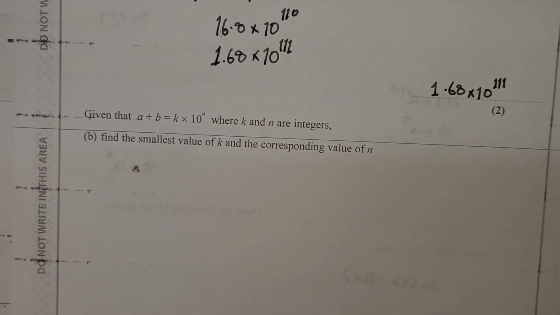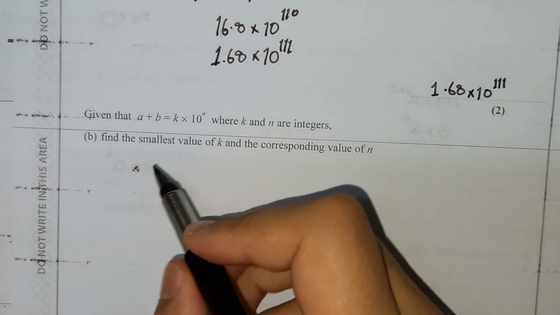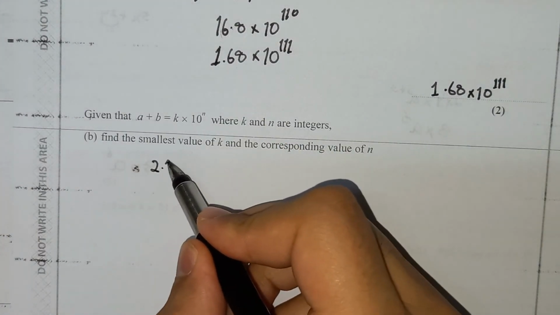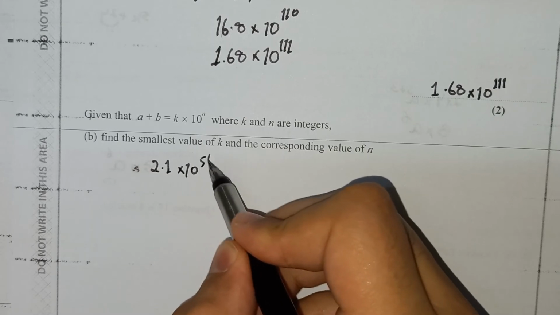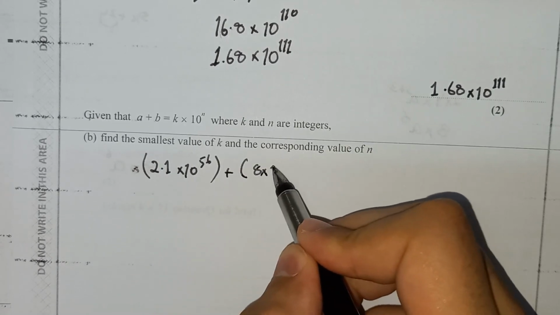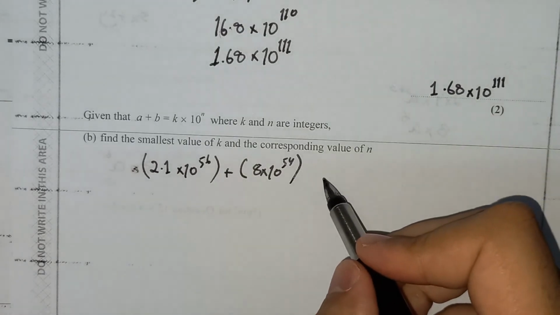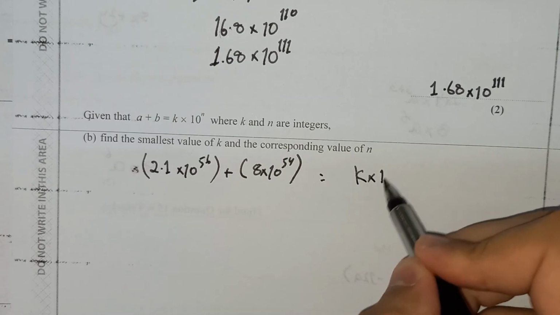Given that a plus b is equal to k into 10 power n, where k and n are integers, find the smallest value of k and the corresponding value of n. Okay, so a and b, we will be using the same: 2.1 into 10 raised to the power 56 added to 8 into 10 raised to the power 54, which will be equal to k into 10 raised to power n.